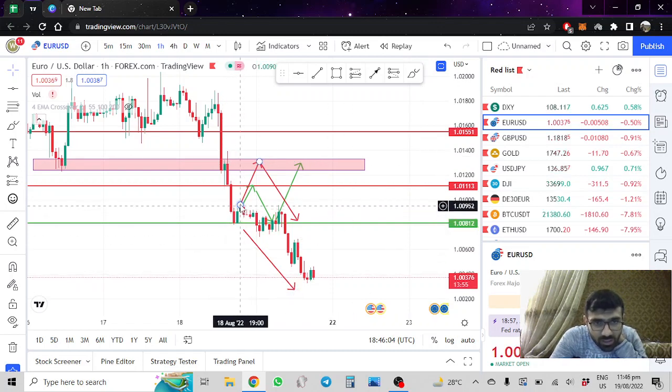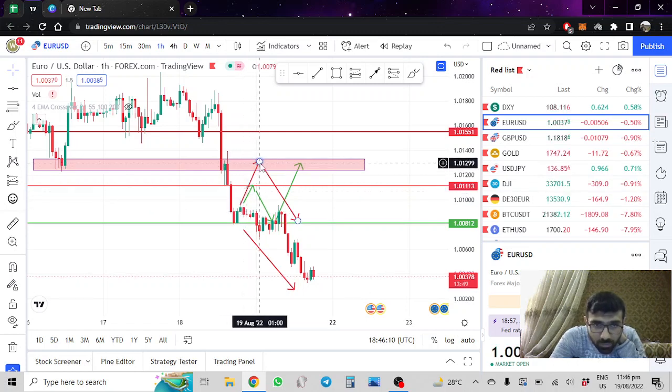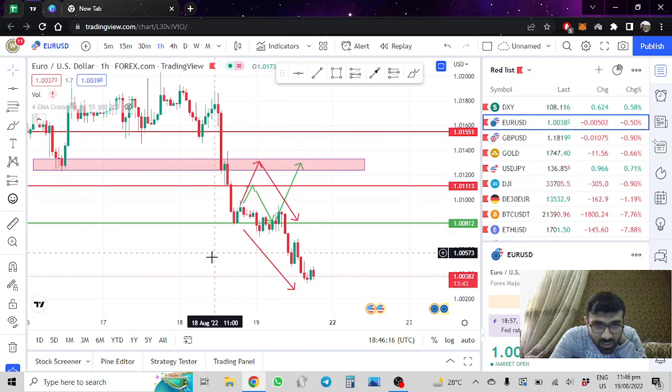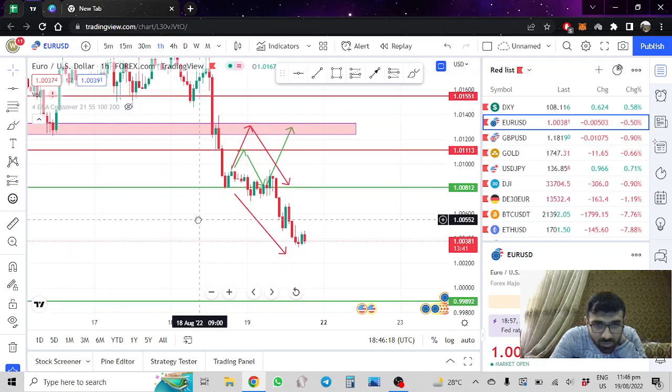Yesterday, the market was over here, and I was expecting the market to go up, but this scenario did not come into play. The market did not even bother to test this area, rather, it decided to go down straight away.